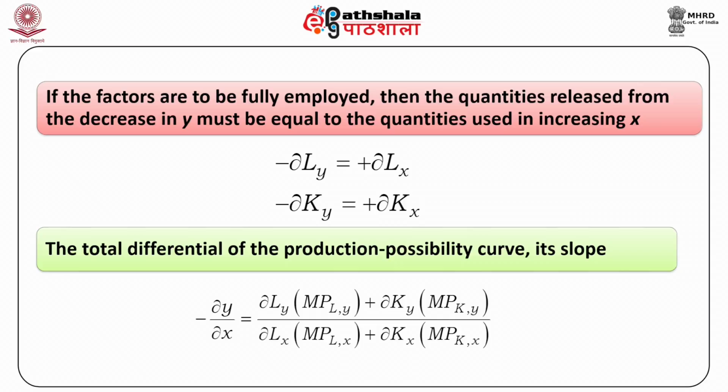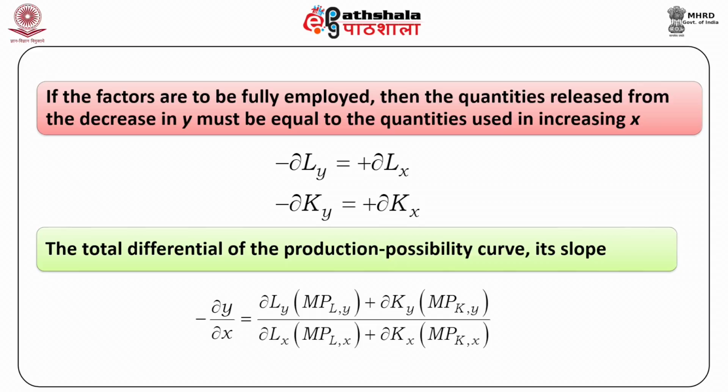Minus del y upon del x shows that if y is falling in a certain proportion, then x would be rising in a similar way. So, this is equal to the total differentiation, which is del Ly into MPLy plus del Ky into MPKy.